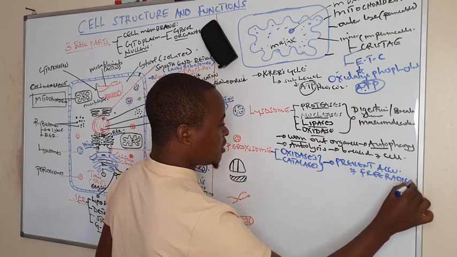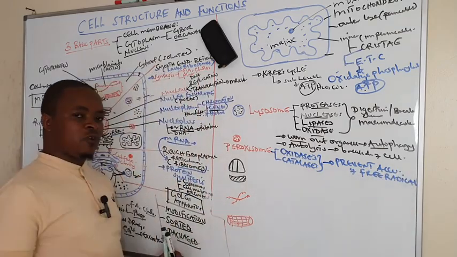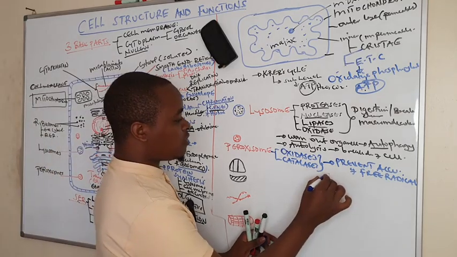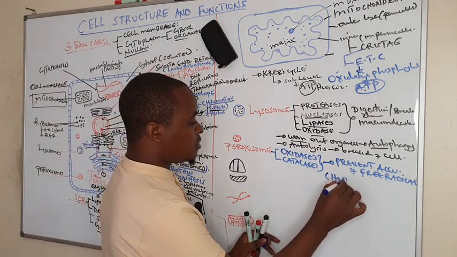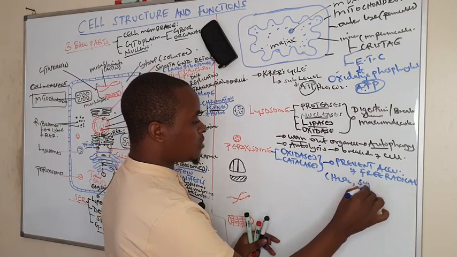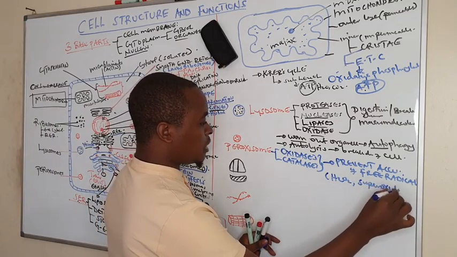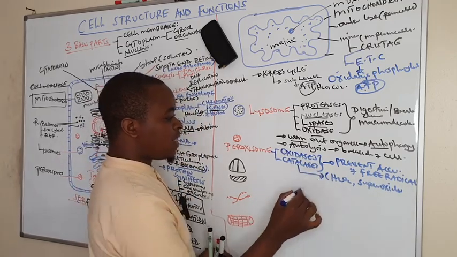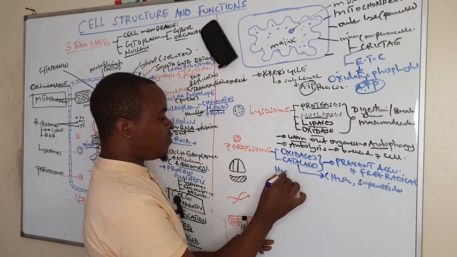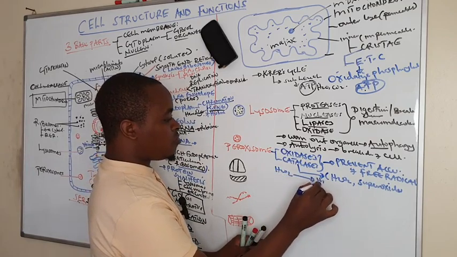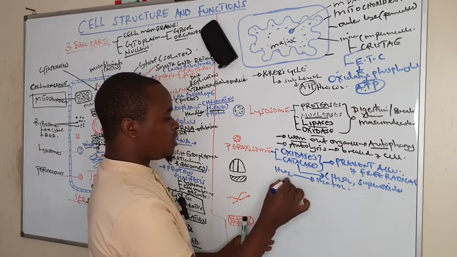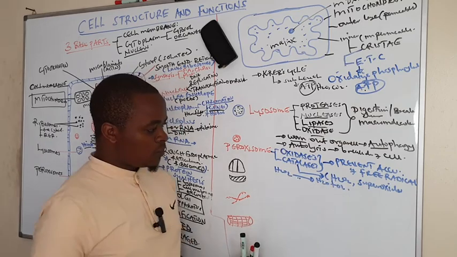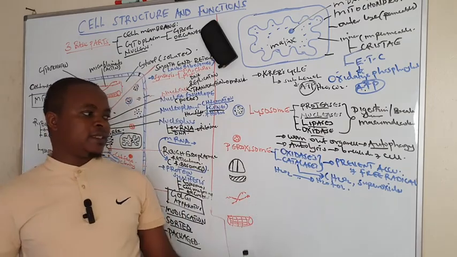These free radicals, once produced, include hydrogen peroxide, superoxides, and hypochlorous acid, whereby catalase is going to catalyze the breakdown of hydrogen peroxide to form water plus oxygen, in the presence of peroxidase or catalase.